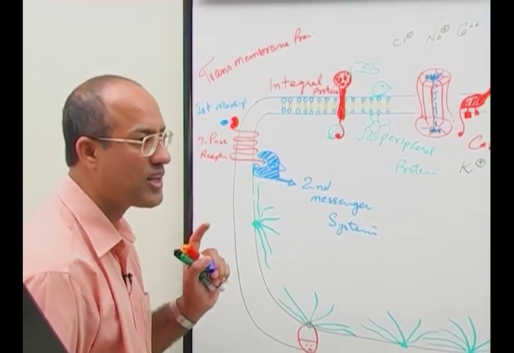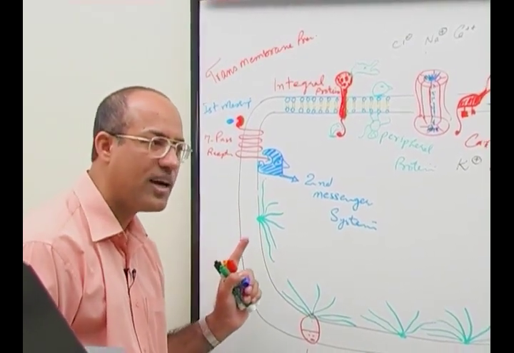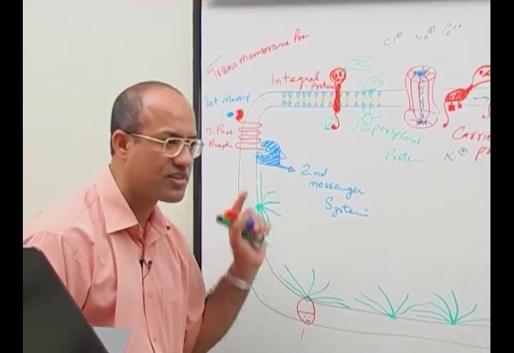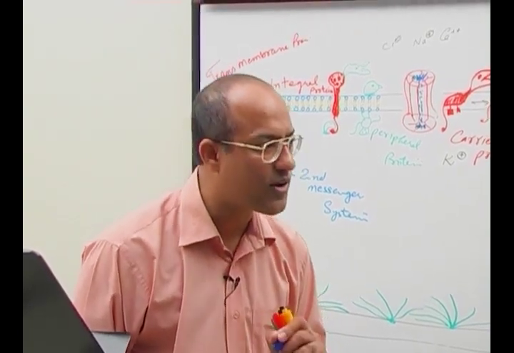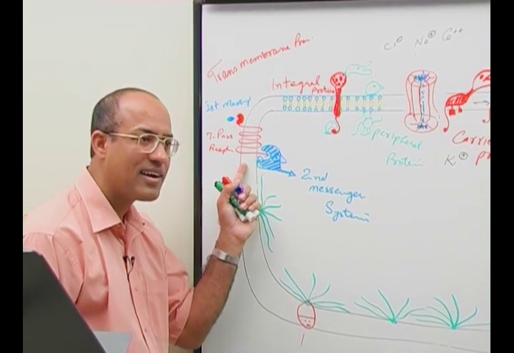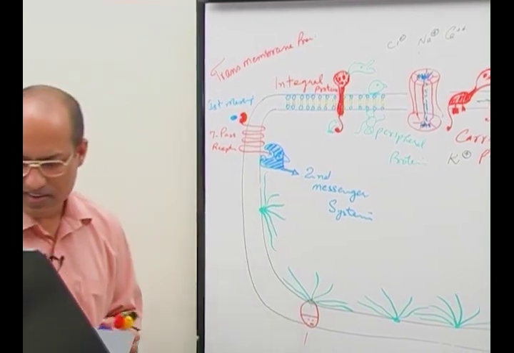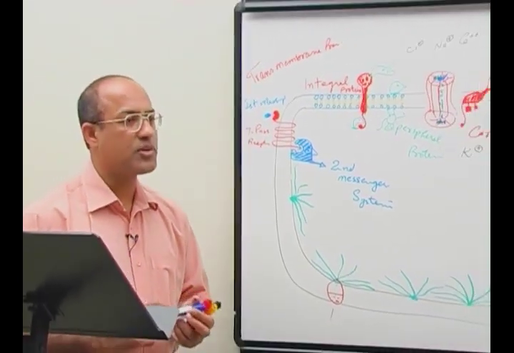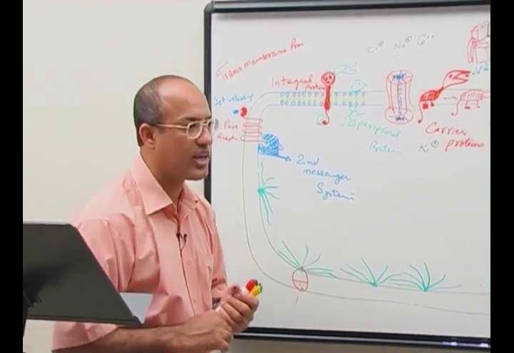The point I wanted to tell you is that proteins associated with the second messenger system are not integral proteins, they are peripheral proteins. But receptors are integral proteins. That's right. Any question up to this? Okay, we'll discuss further detail tomorrow.